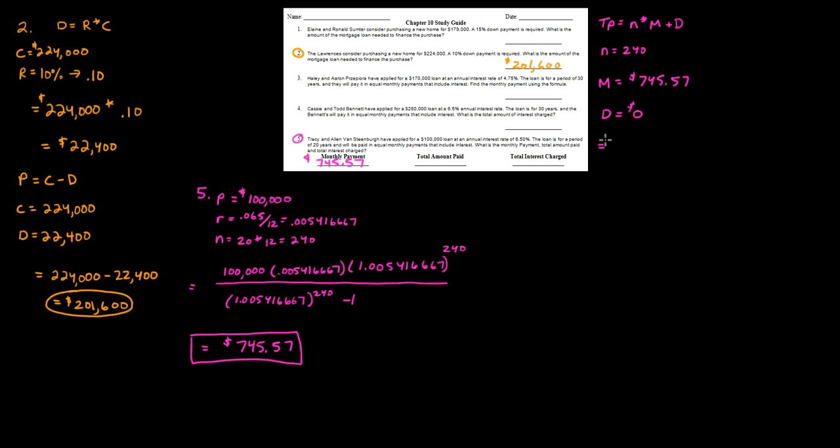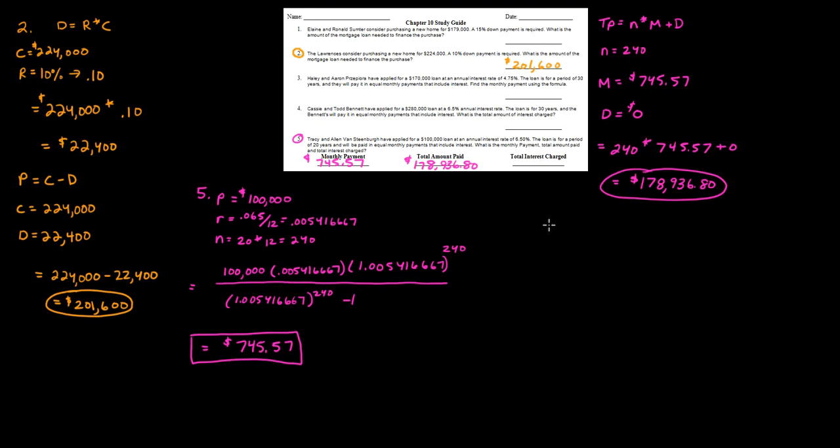So I'll put that into the formula, and it'll give me 240 times my monthly payment plus my down payment. And when I work that out, I get a total amount paid on this loan of $178,936.80. That's my second answer here.